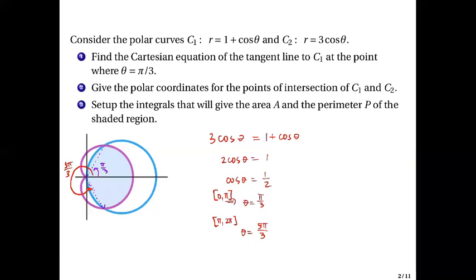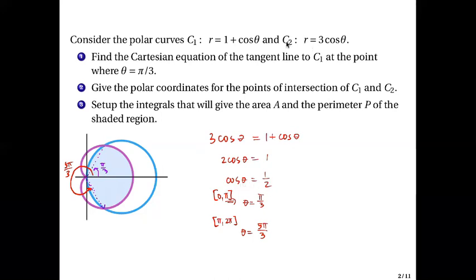So if we want the polar coordinates, we can just use theta equals pi over 3 on C1 or even on C2. But on both occasions, pi over 3 or 5 pi over 3, we have cosine theta equals 1/2.